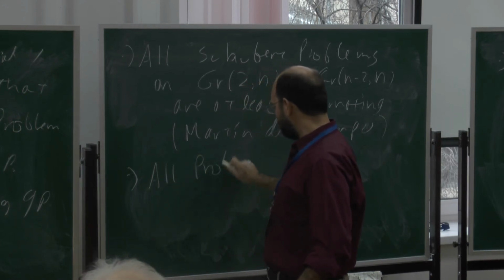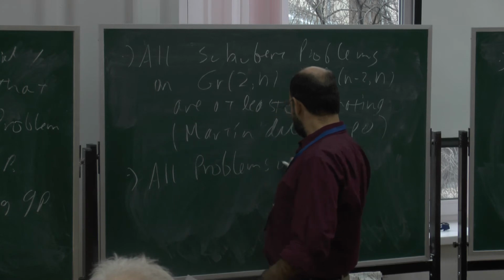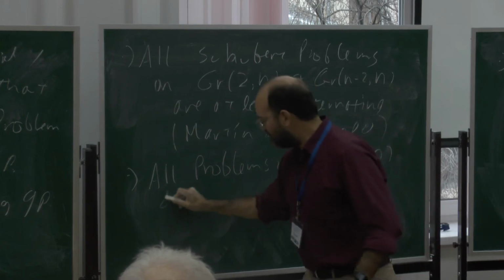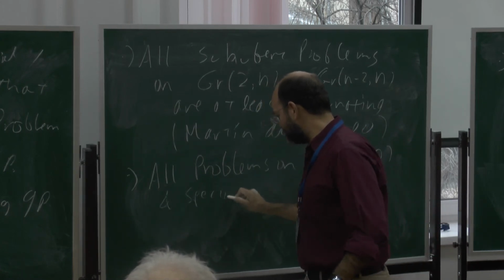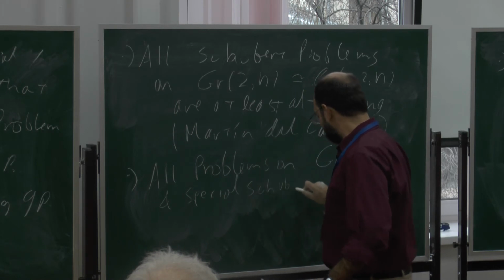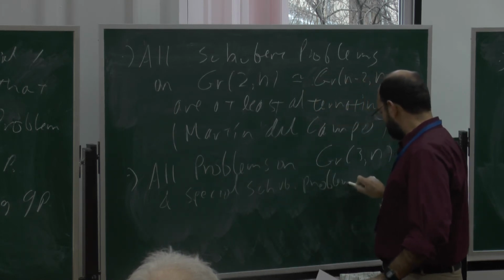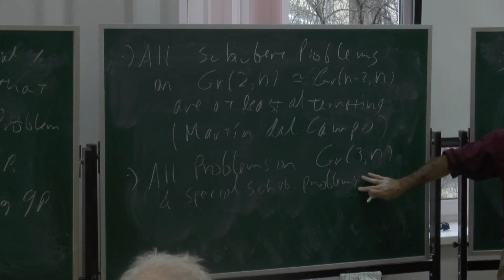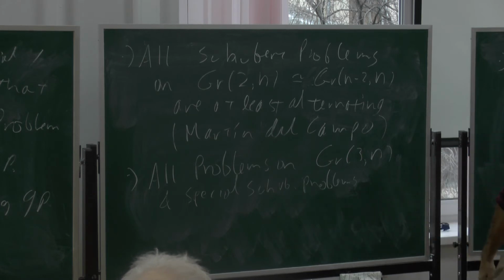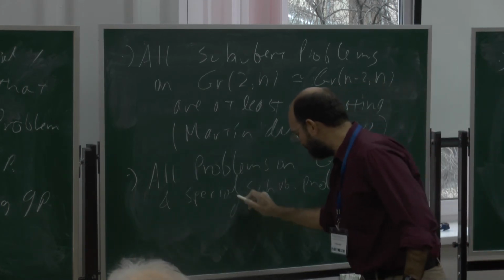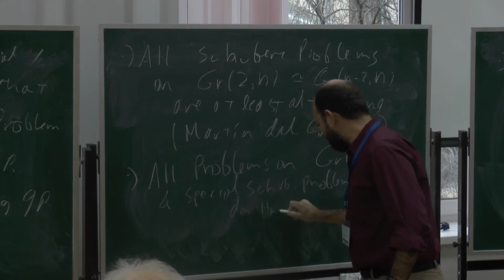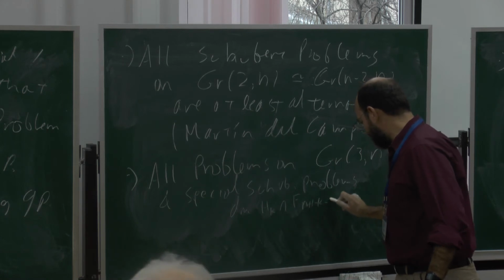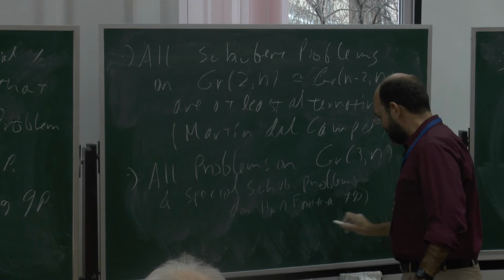Another example of something that's known: all Schubert problems on the Grassmannian of 3 planes in n space, or its dual Grassmannian, and what are called special Schubert problems. These are Schubert problems where the condition is a simple incidence condition, where the k-plane meets a fixed n plus 1 minus k minus a plane non-trivially.